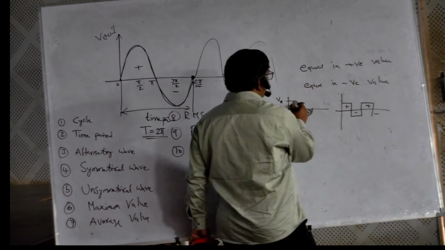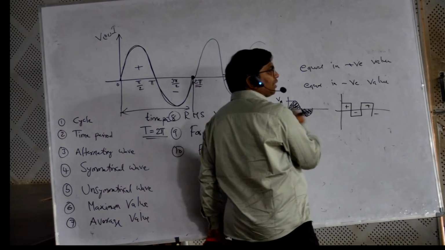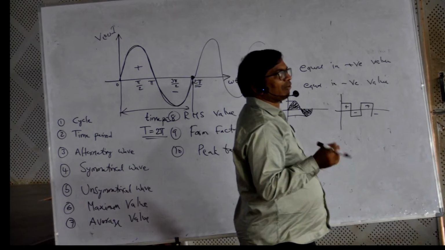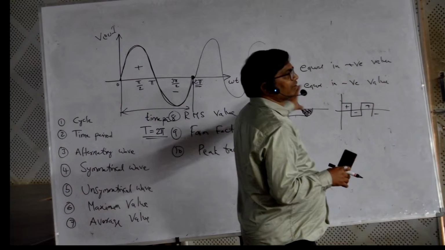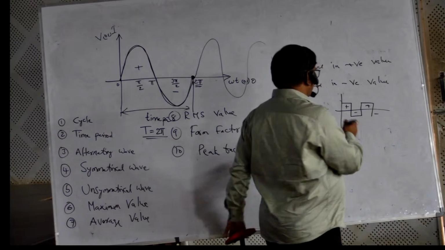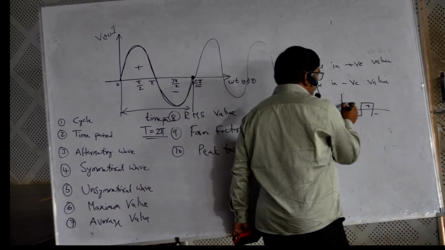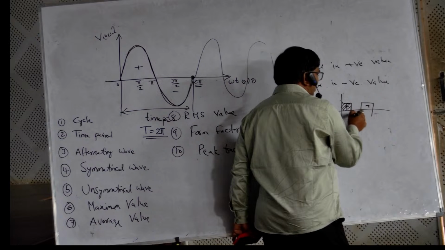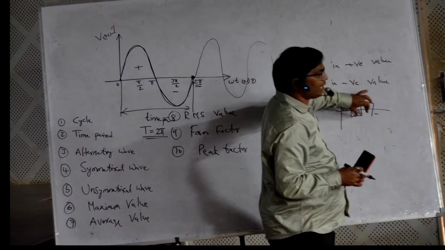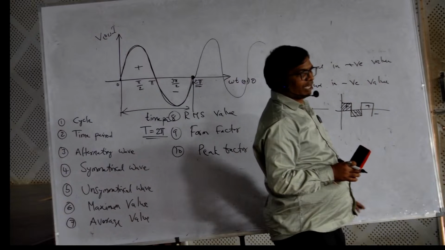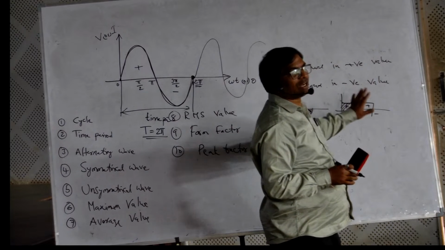So equal area in positive value and equal area in negative value. This is the symmetrical wave. Here also the area of the positive value is equal to the area of the negative value.